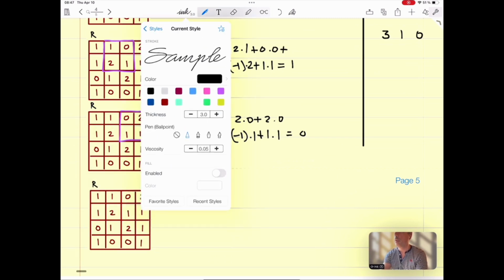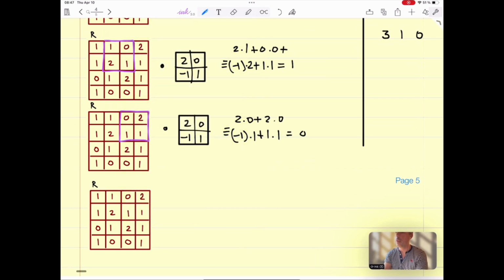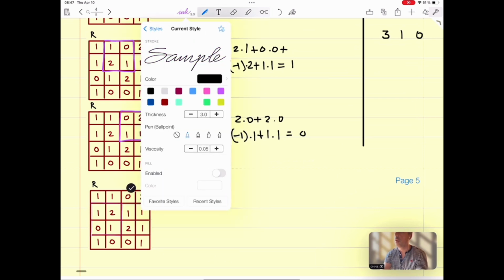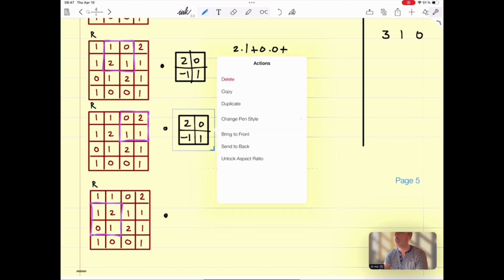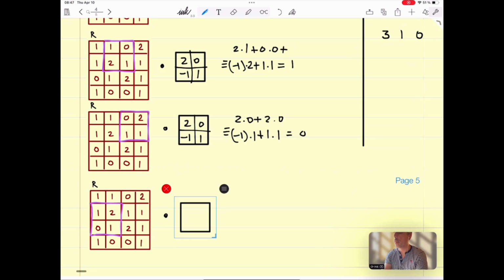So we bring our kernel 1 pixel down. And this gives you 2 times 1 plus 0 times 2 minus 1 times 0 plus 1 times 1.